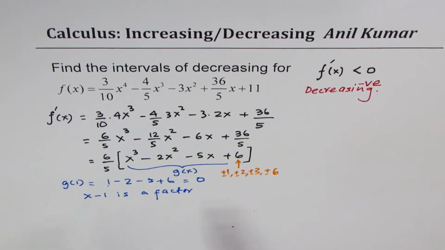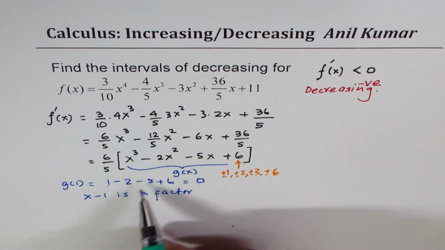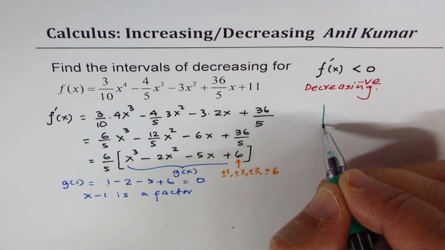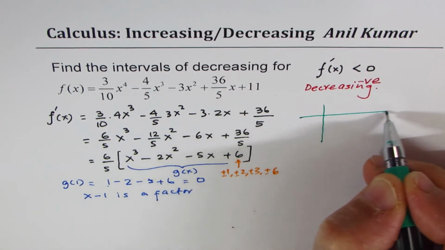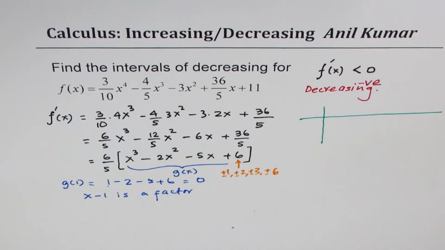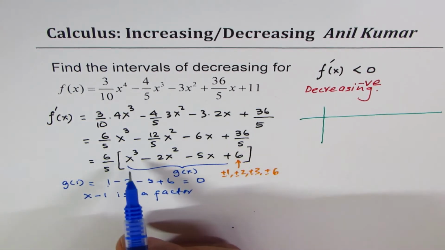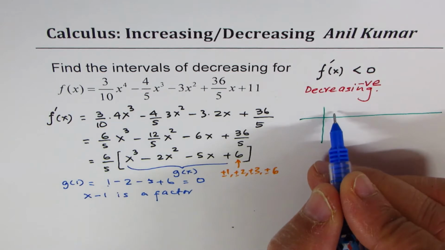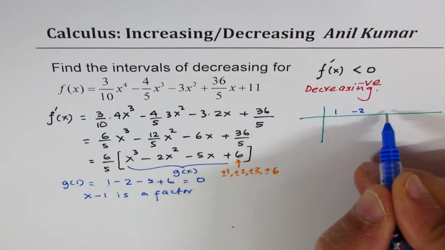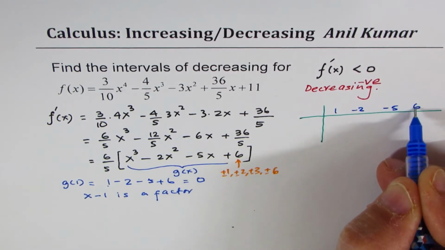Correct? Since x minus 1 is a factor, we could do synthetic division, right? So let's do synthetic division and find the other factors. You could do long division also. With synthetic division we need less space. It helps. So let's write down these coefficients, which are 1, minus 2, minus 5, and 6.